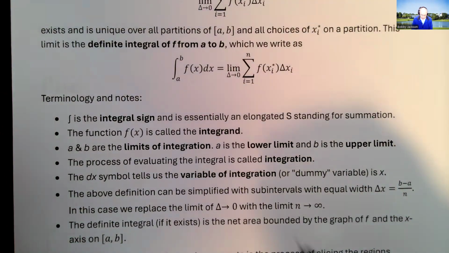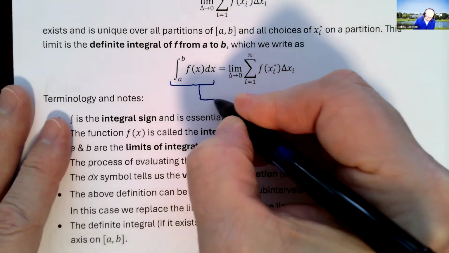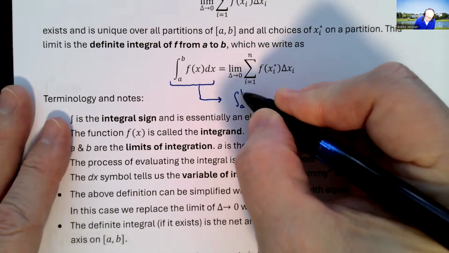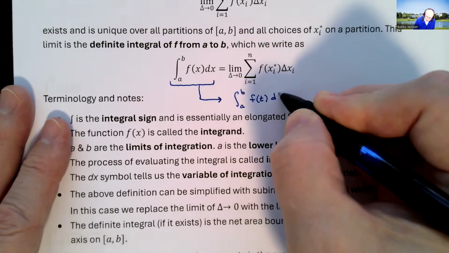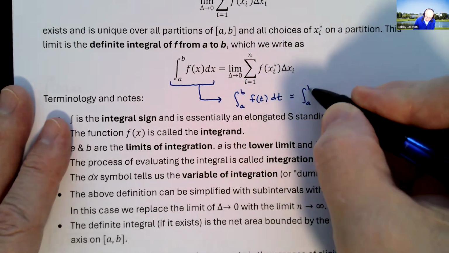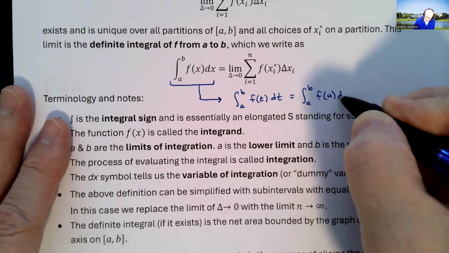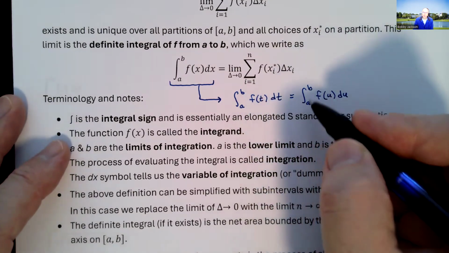So keep in mind this expression would be the same as the integral from a to b of f of t dt, which would be the same as the integral from a to b of f of u du. Any variable you use, right? You wouldn't use a and b in this case.